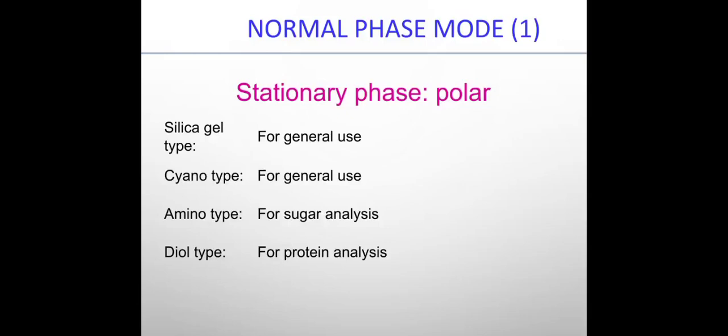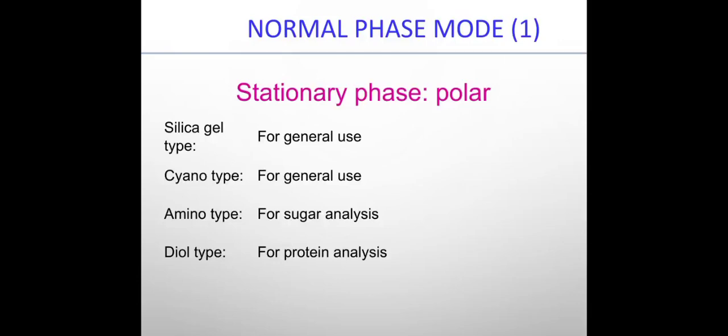For cyano compound separation, we use a cyano type of stationary phase. For sugar analysis, we use an amino type of stationary phase, and for protein analysis, we use a diol type of stationary phase.